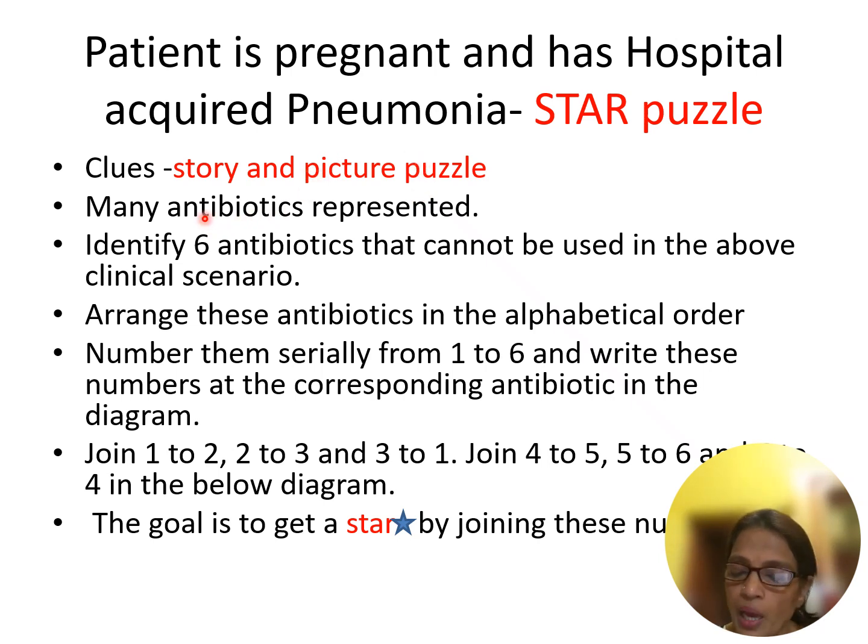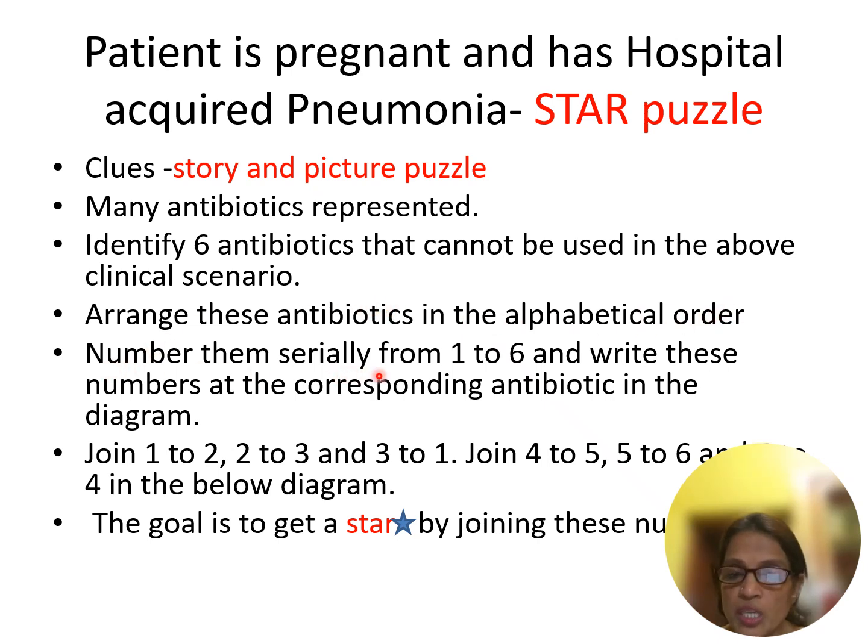Now what I'll do is, I have represented a number of antibiotics in the next slide. Now based on this clue in the story and the picture puzzle, identify 6 antibiotics that cannot be used in the above clinical scenario. Arrange these antibiotics in alphabetical order.